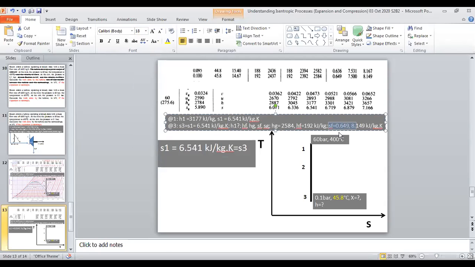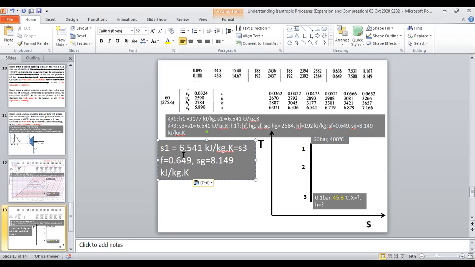Sf and Sg values: Sf is this and Sg is this. And the S1 value.